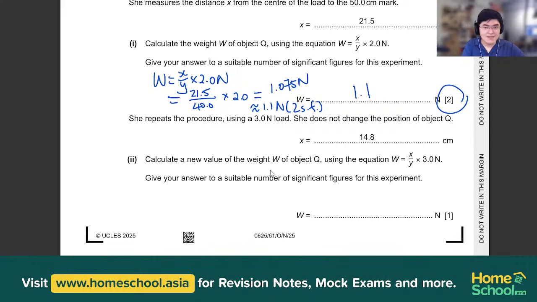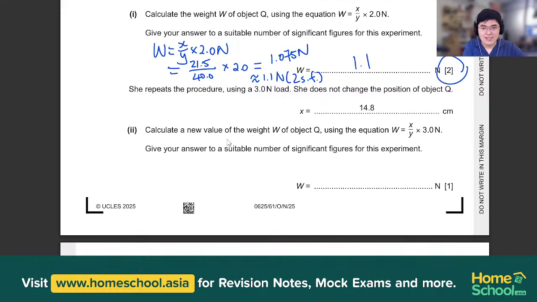Now, using this information, let's once again calculate the weight of Q using this equation. So let's use W equals X over Y multiplied by 3.0. As we have seen just now, X is now 14.8. And Y just now is 40.0, multiplied by 3.0 newtons.